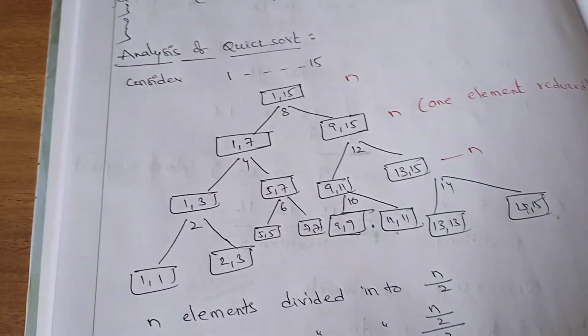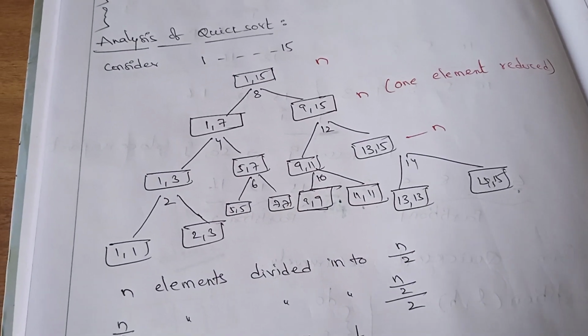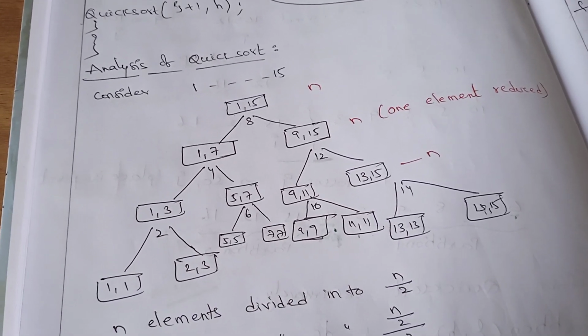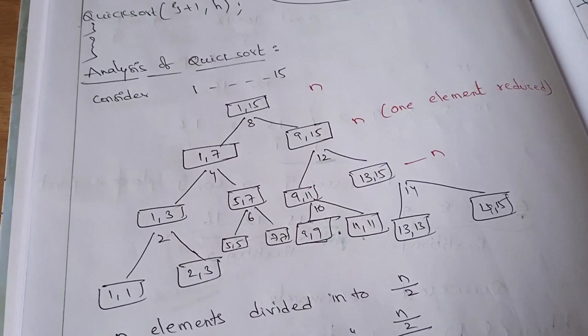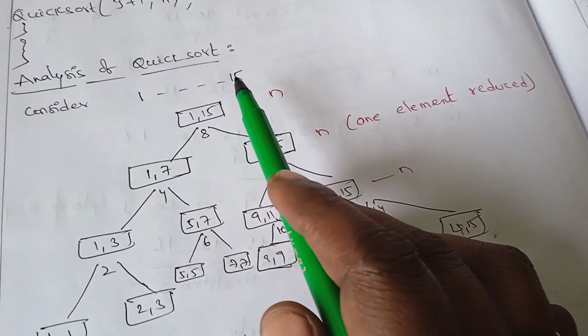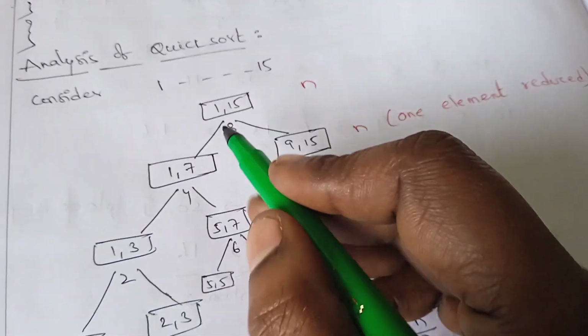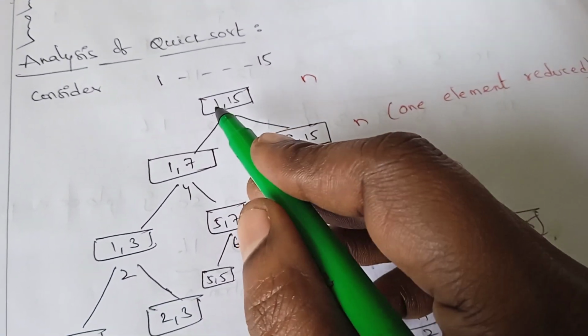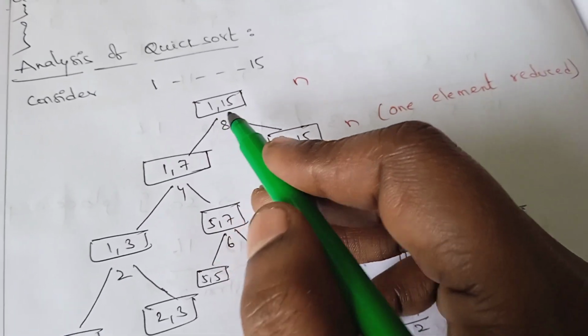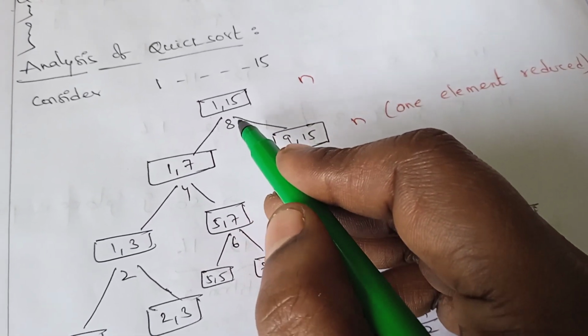So now let's see the analysis to calculate the complexity. Generally, what is the analysis of quicksort? We will analyze how it works. Let us consider 1 to 15 elements. One element is the pivot element, correct? And the middle element will be the pivot.